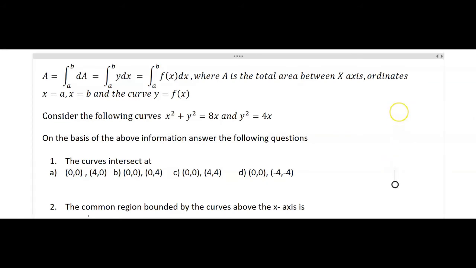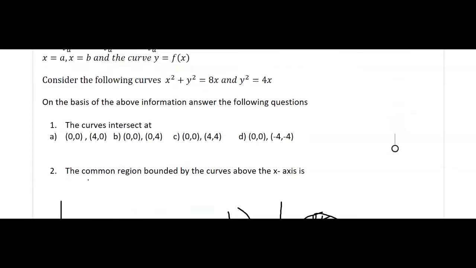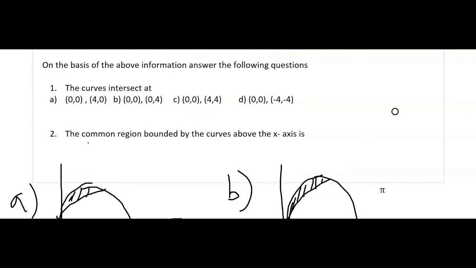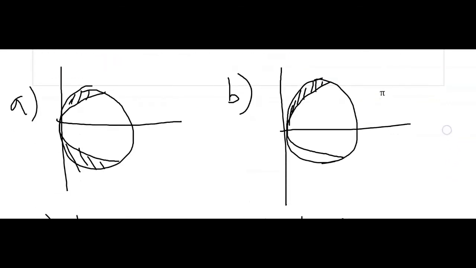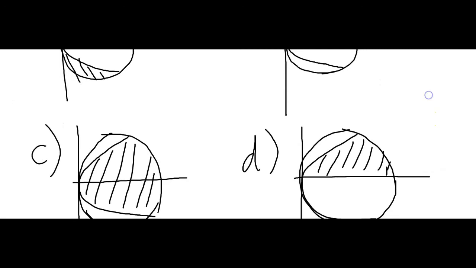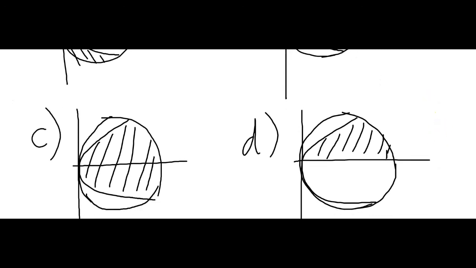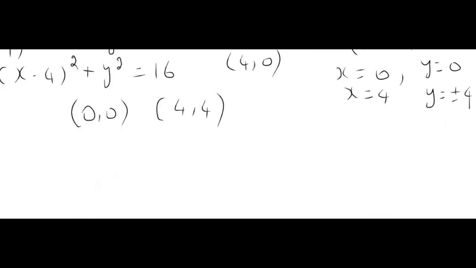The second question goes, the common region bounded by the curves above the x-axis is, A, which is the figure. We have to identify the correct figure now. B is given, the shaded portion is given like this, and C and D. Now, with the information and the points of intersection, let us sketch the graph.